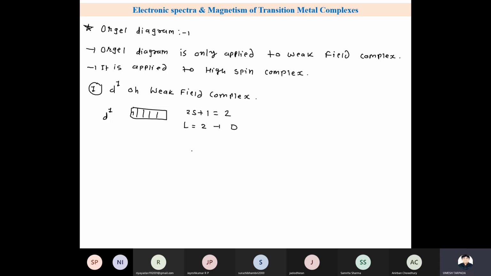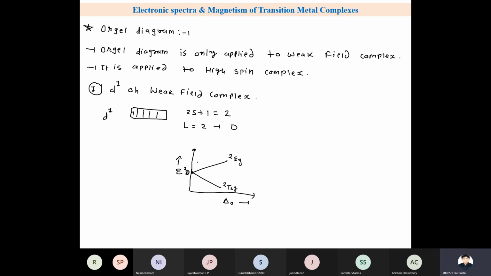If you draw the plot of energy versus octahedral splitting, this is the doublet D term, and it is split into two terms: one is doublet Eg and another one is doublet T2g. So doublet T2g is the ground term.